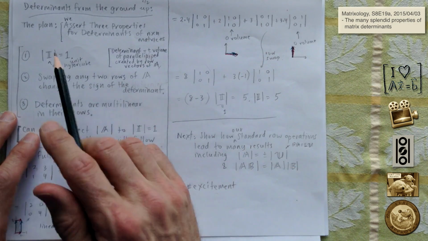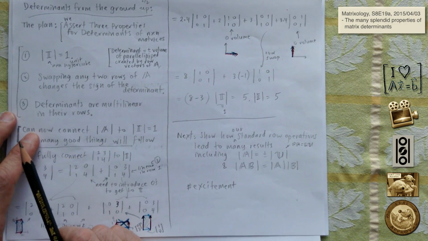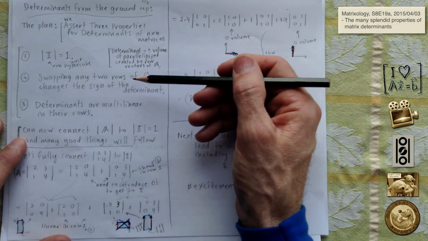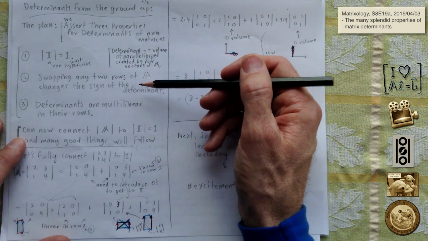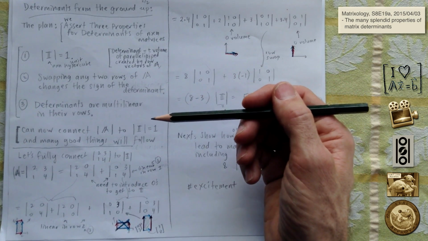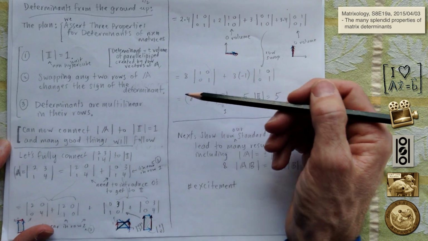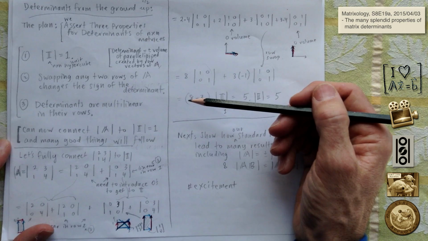And we came up with 3 rules. The volume of the identity hypercube is 1. Fine. If we swap any 2 rows of A, then we just change the sign of the determinant. That's probably the most peculiar one. And determinants are multilinear in their rows, and this really follows from volume in a nice way.